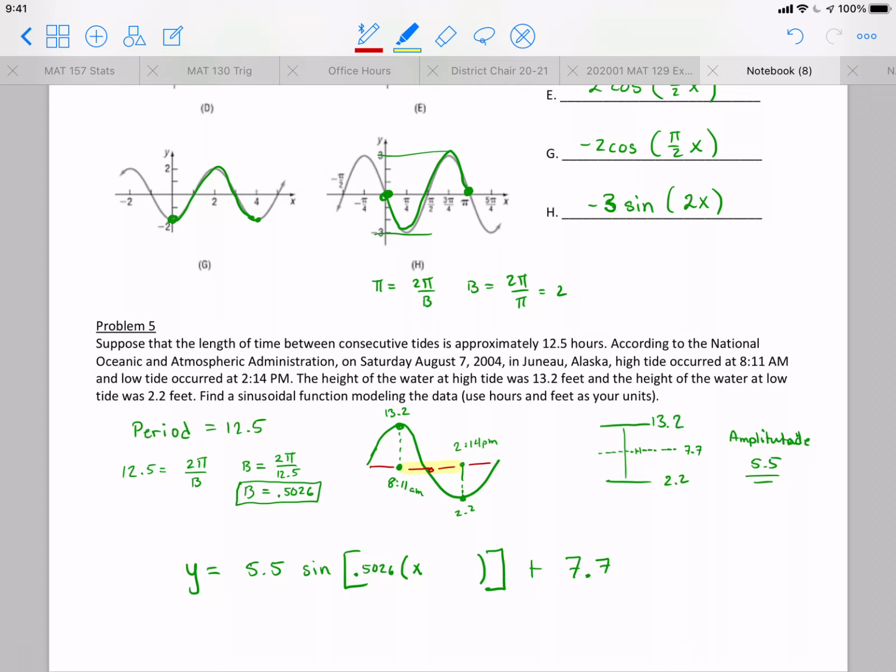But you know what? I don't even need to take advantage of that. If a period is 12.5, well, what's a quarter of 12.5? So let's see, I'll do scratch work over here. So 12.5 divided by 4 is what? I get 3.125.